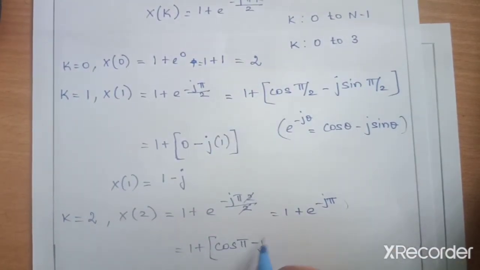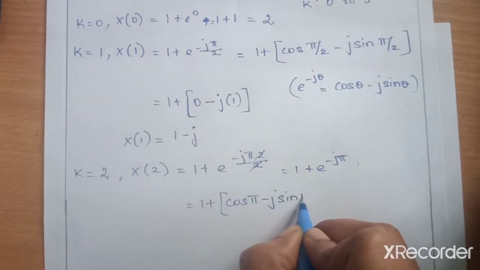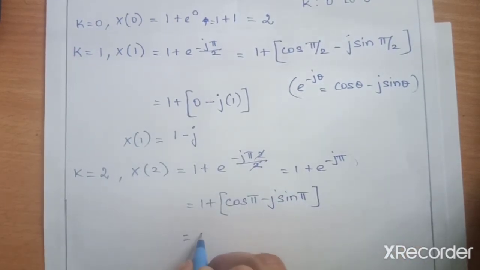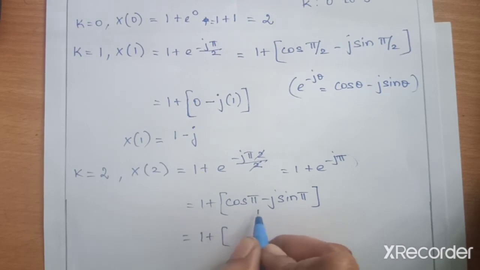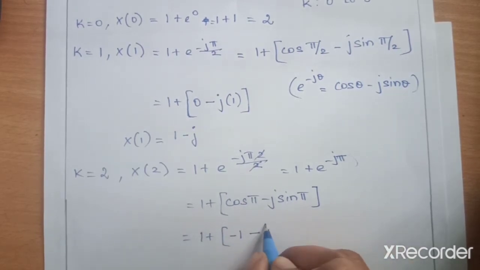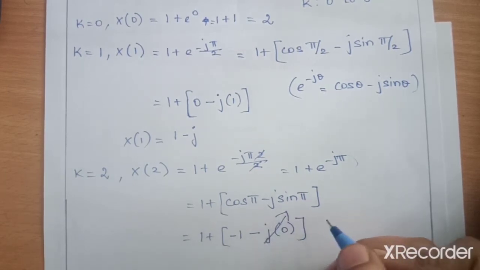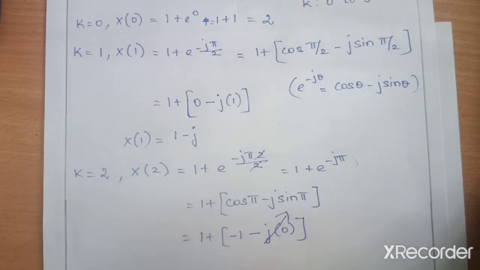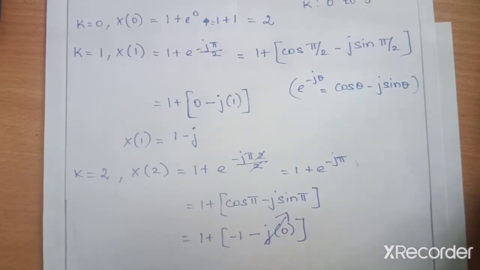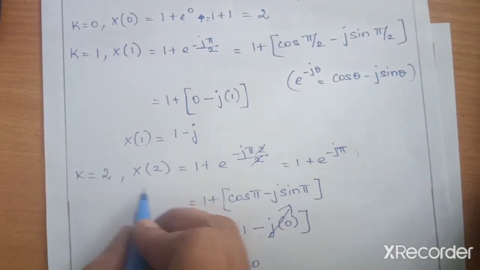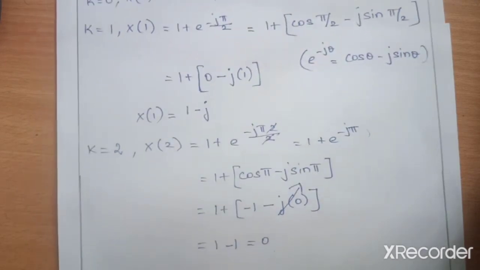So cos pi minus j sin pi, which will be equal to 1 plus cos pi value, which is minus 1, and minus j of sin pi value, which is 0. So this term will get cancelled. Then 1 minus 1 will be equal to 0. So X of 2 value will be 0.